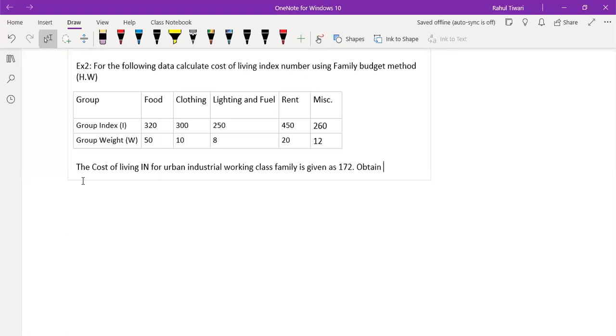Obtain the index for the group rent from the following data.